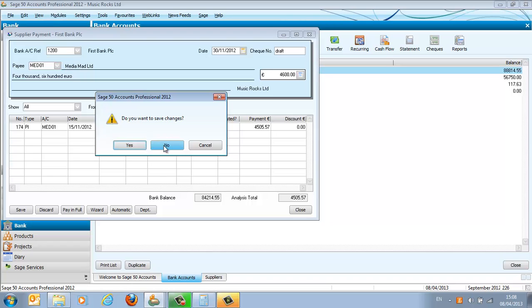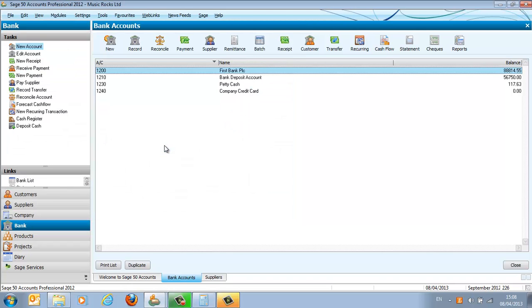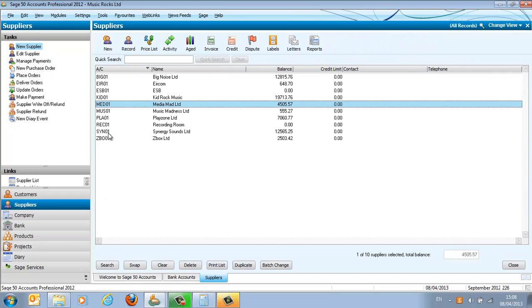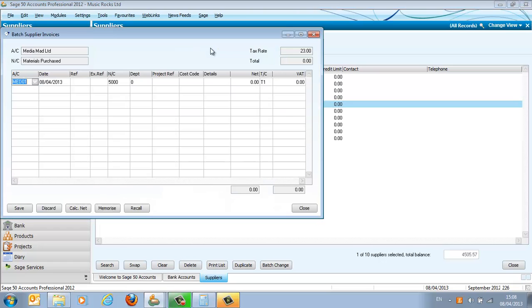Close. Now, first off, no matter what happens, there is going to be a bank charge, normally around 750. So Media Mad invoice. Put in the date, 30th of the 11th, 12. Bank draft, or whatever you want to call it.